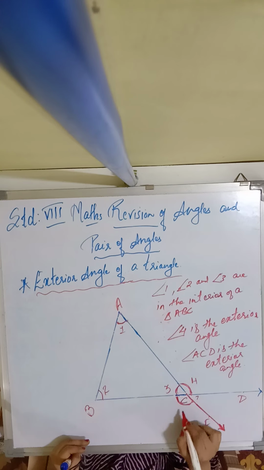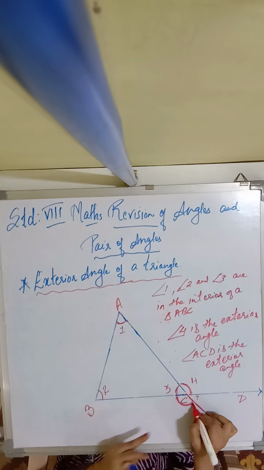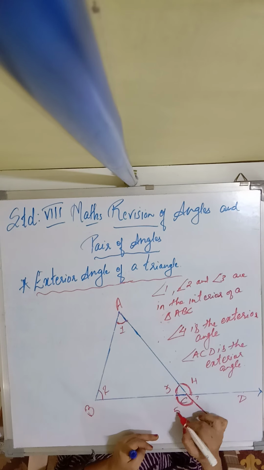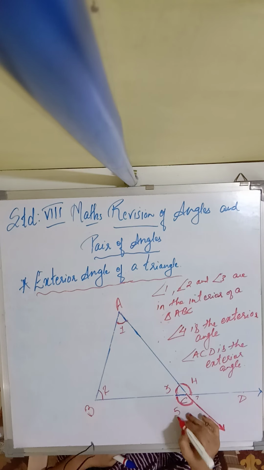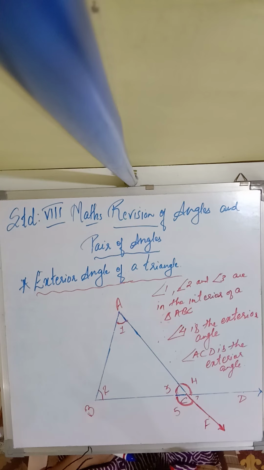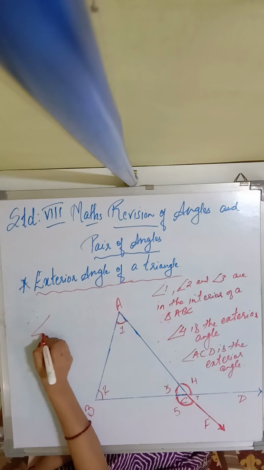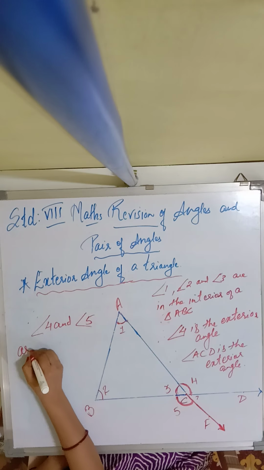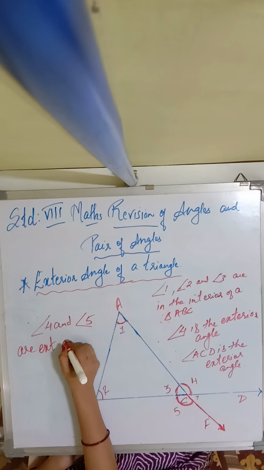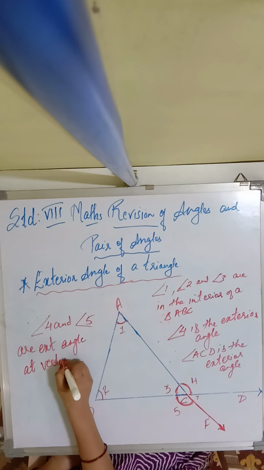Angle 4 and this next angle, if we name it angle 5, become vertically opposite angles. So angle 4 and angle 5 are both exterior angles at the vertex C. Therefore, angle 4 and angle 5 are exterior angles at vertex C.